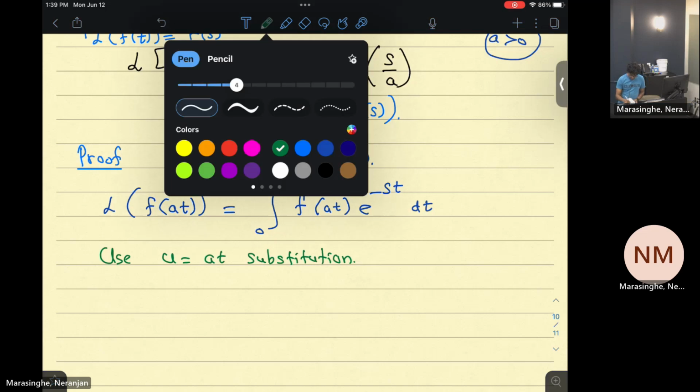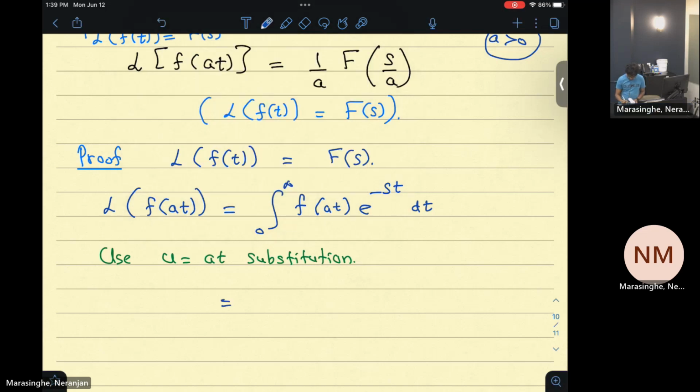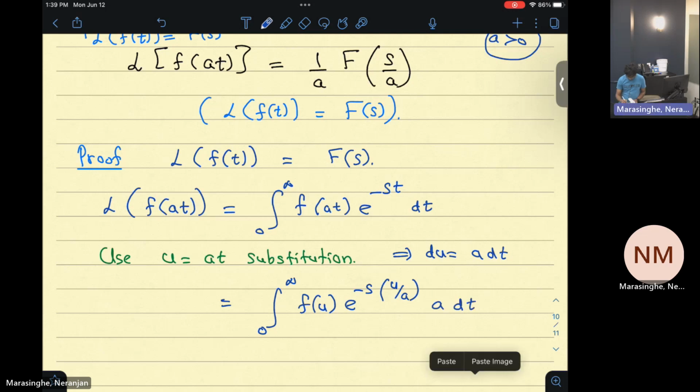So this is equal to the integral from 0 to infinity of f(u) and e to the minus s, what is t? t is u divided by a, right? And also I have du is equal to a times dt. So I need dt is 1 over a times du. Okay. Because I know that du is equal to a times dt. So dt is 1 over a times du.